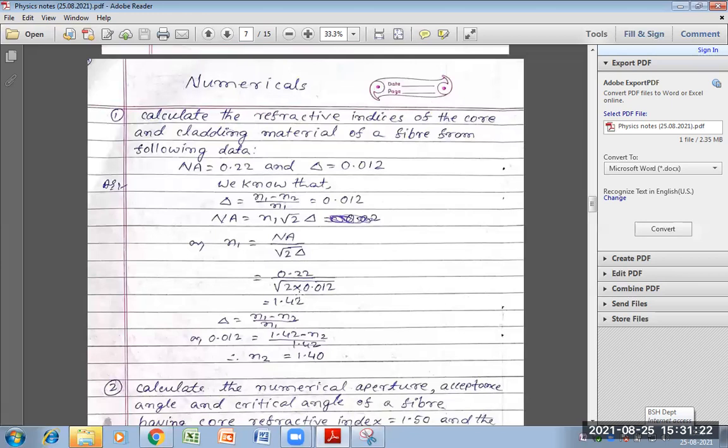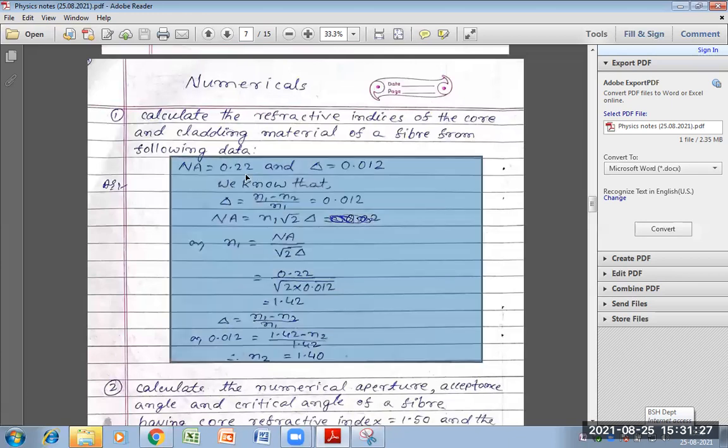We know that refractive index change is equal to n1 minus n2 divided by n1, and its value is given as 0.012. And the formula of numerical aperture NA is equal to n1 into root 2 delta.